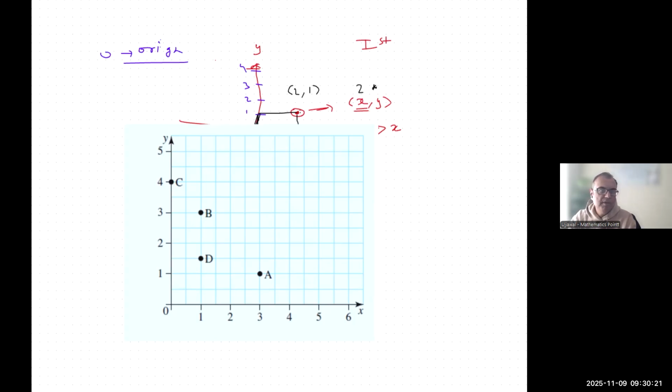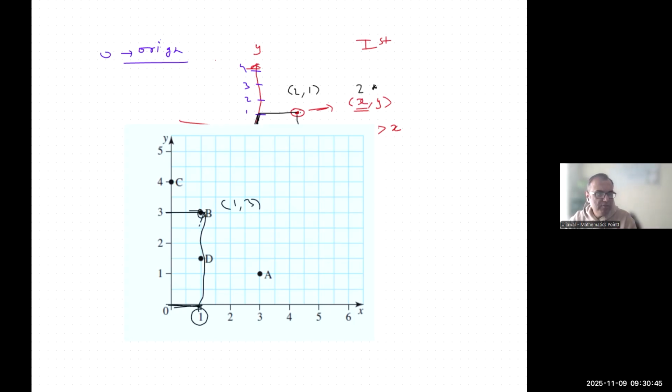A few of you see B here. B is 1 because that's where B is horizontally, and 3. So this is 1, comma 3. Don't write 3, comma 1, please, okay?